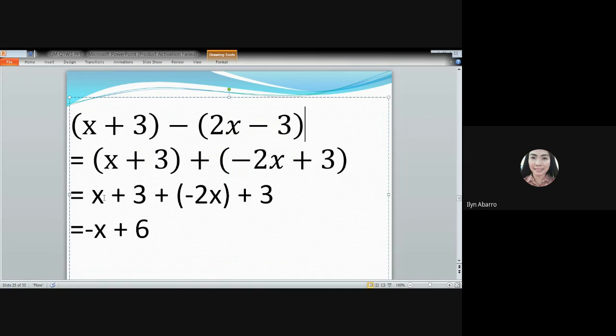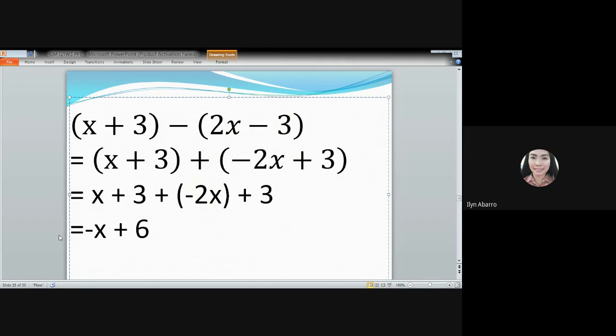Okay, so x plus 3 plus negative 2x plus 3. Okay, we first combine the similar terms, so x and negative 2x. Okay, so we understood that we have 1 here. So 1 minus 2 is negative 1. Then copy x.